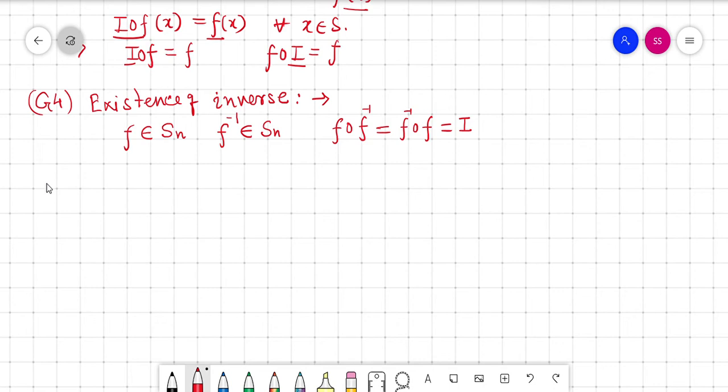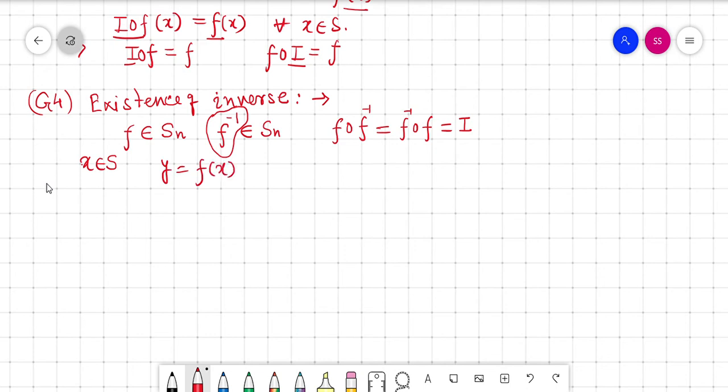So how will we find it? The most obvious and natural answer to this question comes from set theory, and it tells us that the mapping we are searching for, f inverse, should be the inverse mapping of f, which we already studied in set theory. What is the inverse mapping? For some x belongs to S, suppose y is equal to f of x.